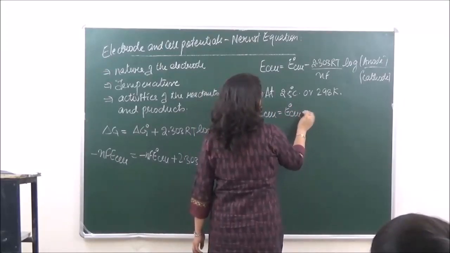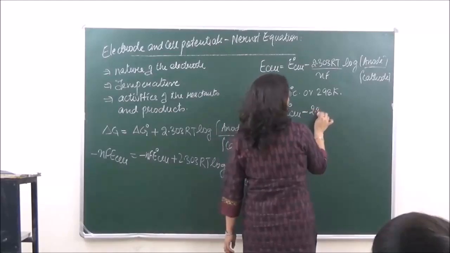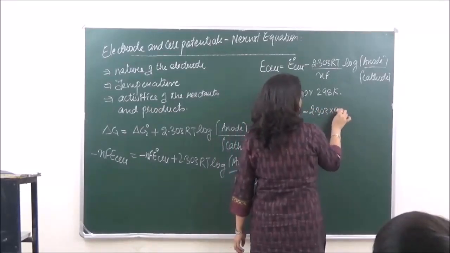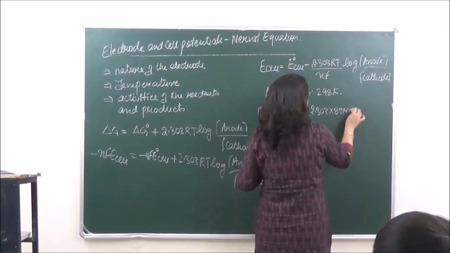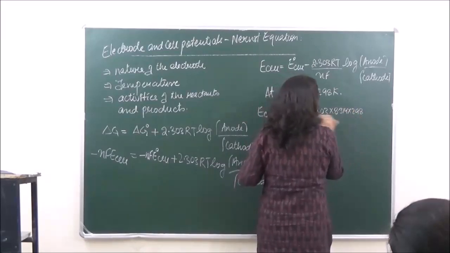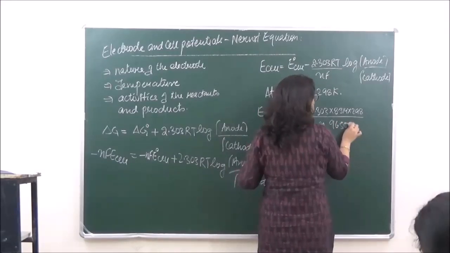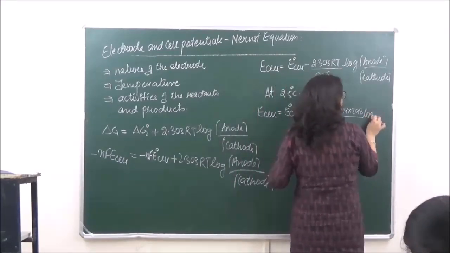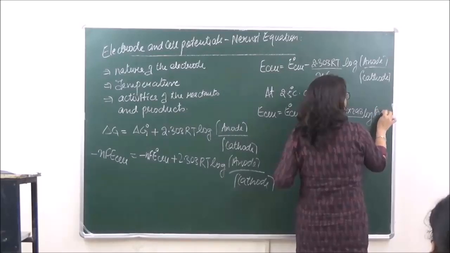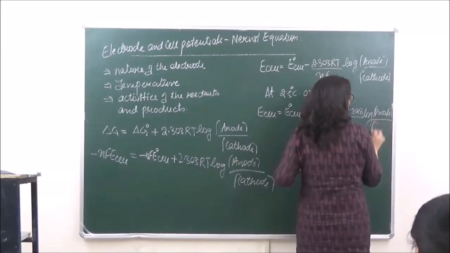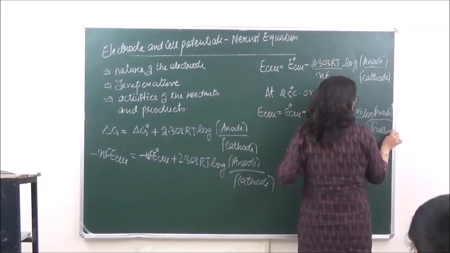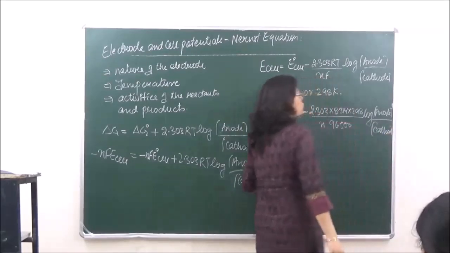So over here E cell will become equal to E naught cell, so let's put the values, minus 2.303, the value of R is 8.314 into 298 upon N into 96500 log of concentration of anode upon concentration of cathode.